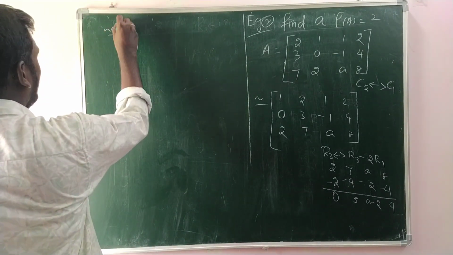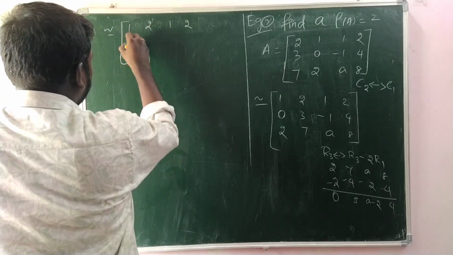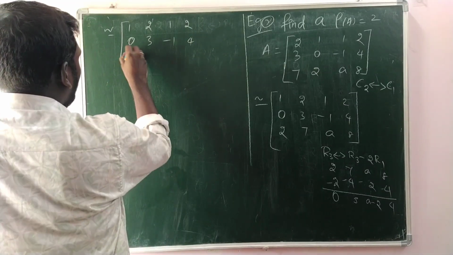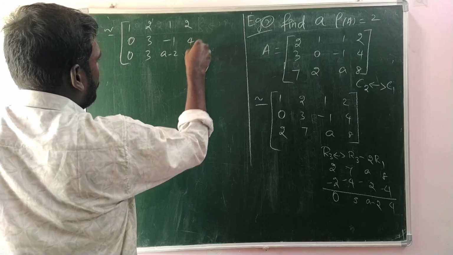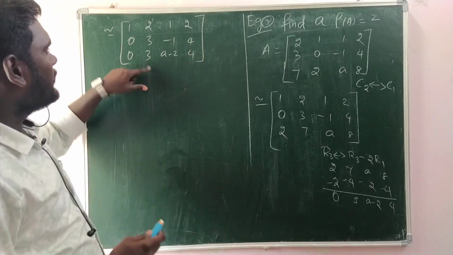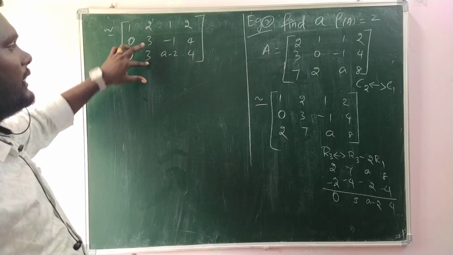Then we can write, which is equivalent to 1 2 1 2, 0 3 minus 1 4, new R3 0 3 A minus 2 4. Now this place should become 0. Hereafter we don't relate with the first row, the second row we can relate.